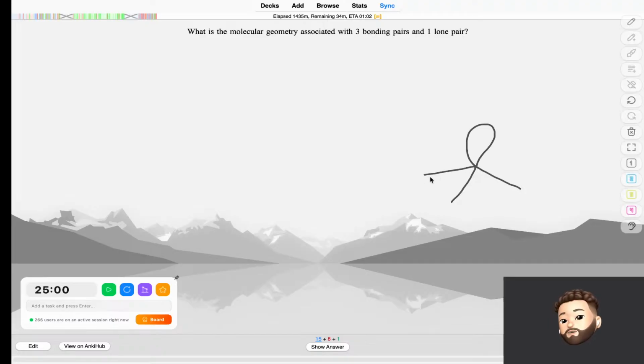So what ends up happening is that you end up having this weird shape that kind of looks like trigonal pyramidal. The bond angle is less than 109.5.